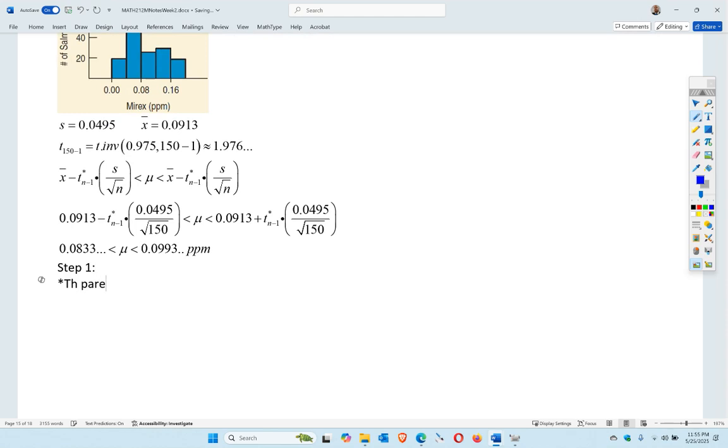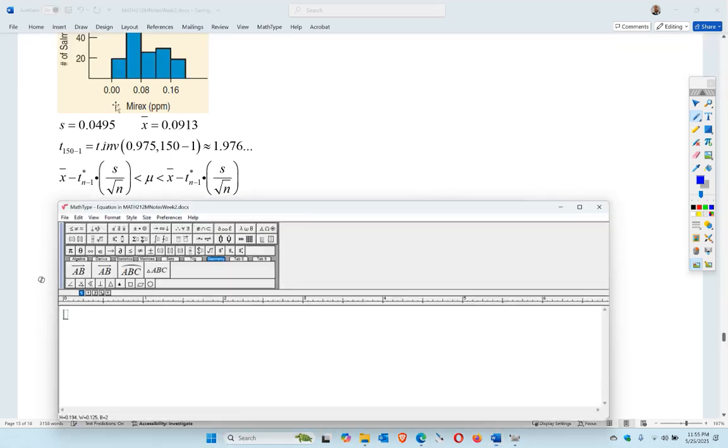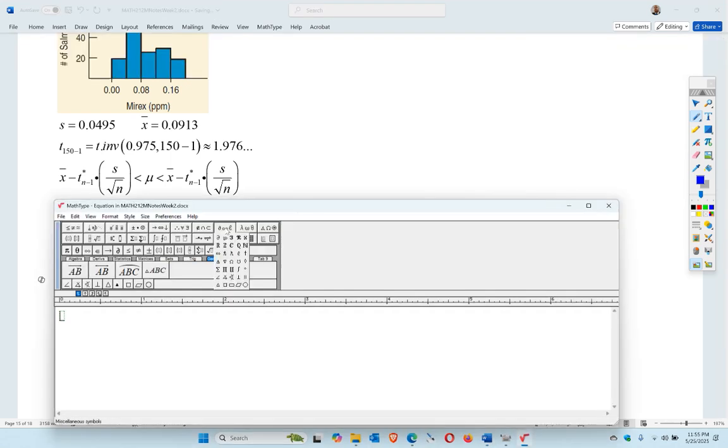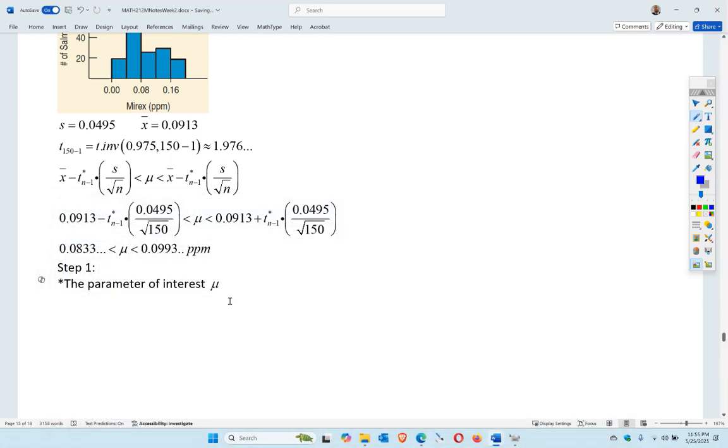The parameter of interest, mu, parts per million of insecticide.